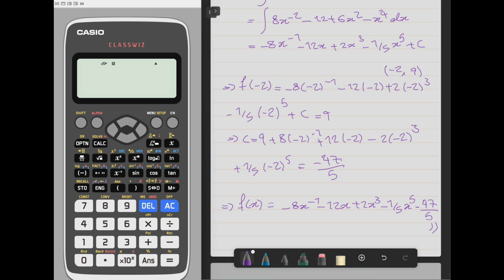Just to check my answer, I put minus 2 instead of x here again, and I should get a 9, right?